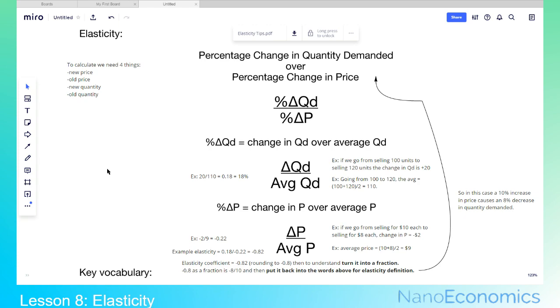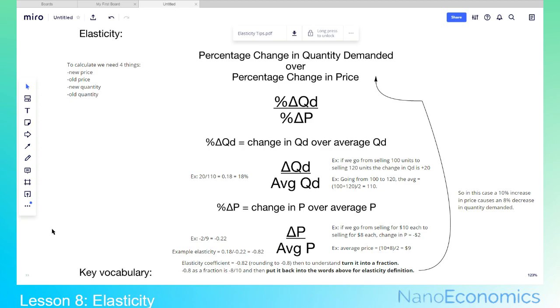So the price has got to change to calculate price elasticity. The quantity may be the same or close to the same for new or old. And we're going to get into a little bit more as we introduce more of this key vocabulary for the topic.